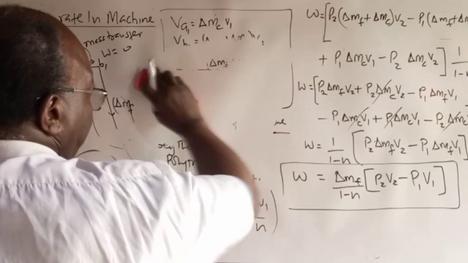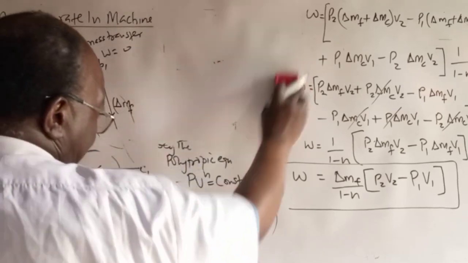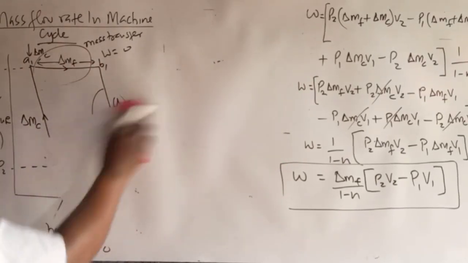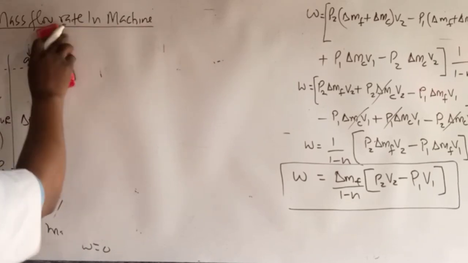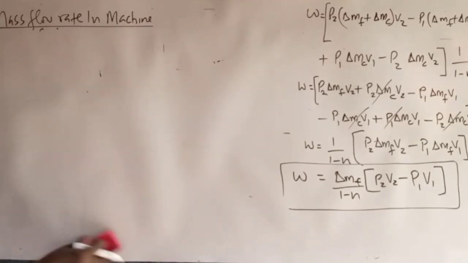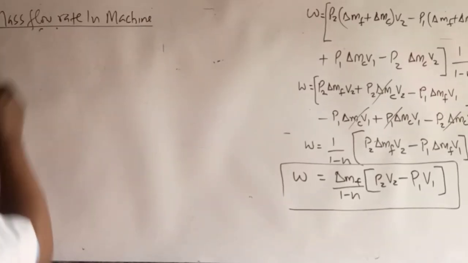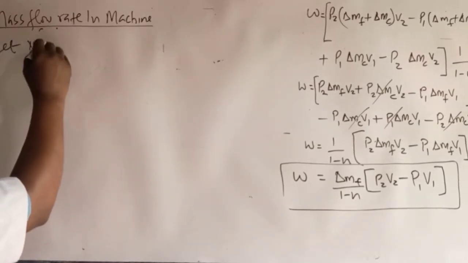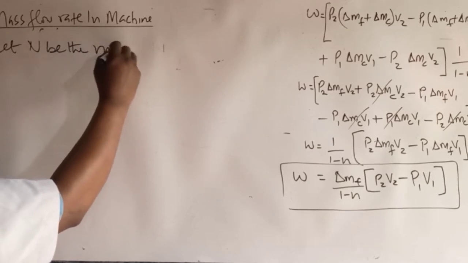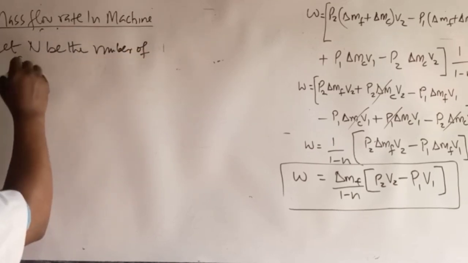Now, if we multiply that equation by the number of cycles per unit time, let n be the number of cycles per unit time.